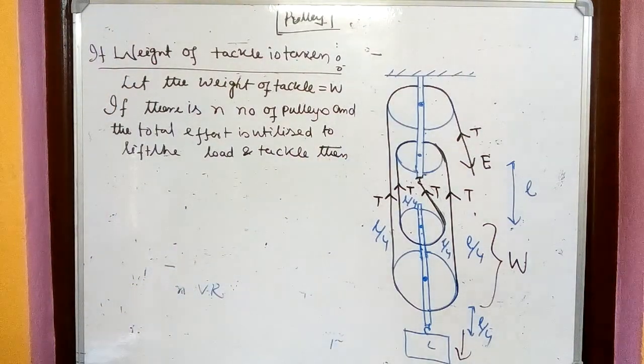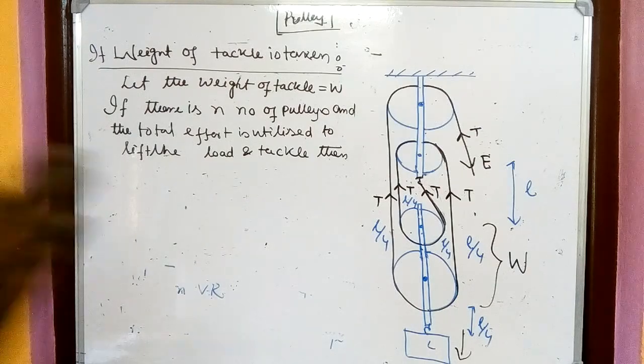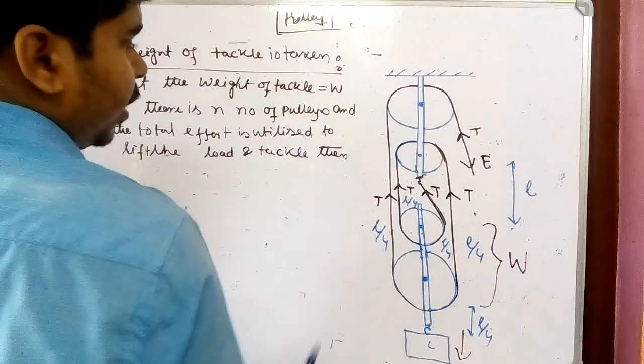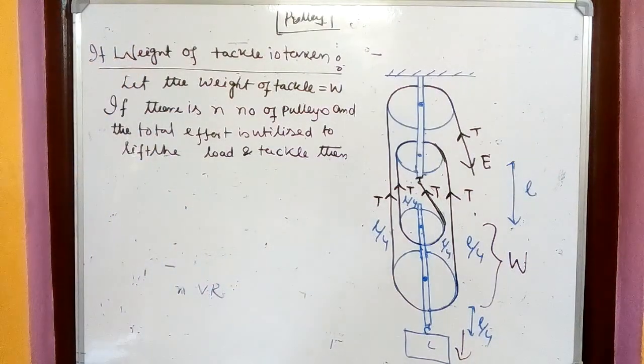The only reason behind it is that if I write the total effort is utilized, then we can say that the tension acting is used to lift it. No force is wasted for any other reason.